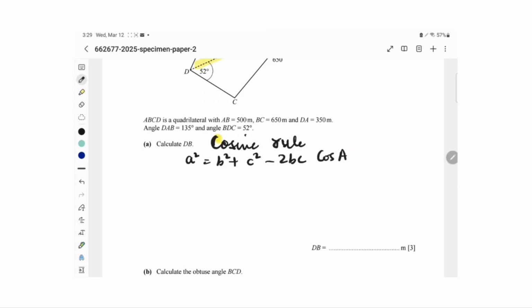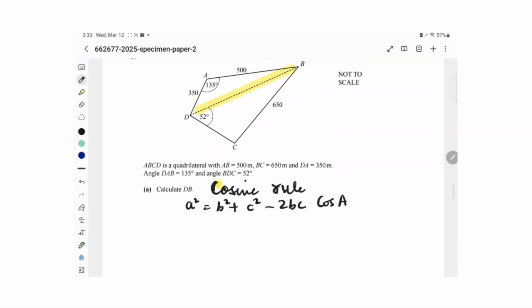Look at the diagram. Your BD side or DB side square equals 500 square plus 350 square.